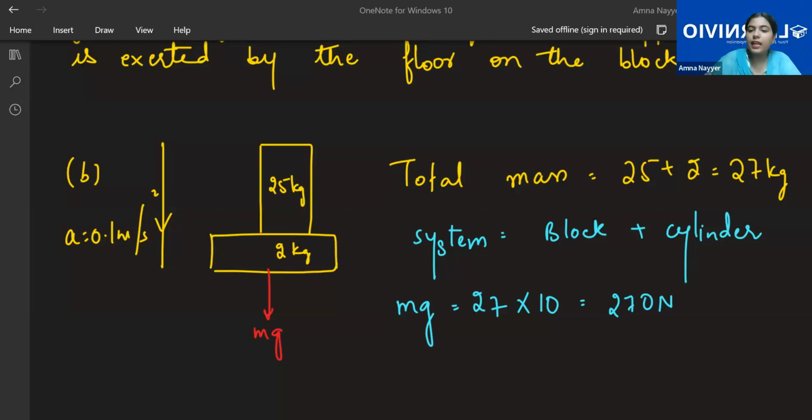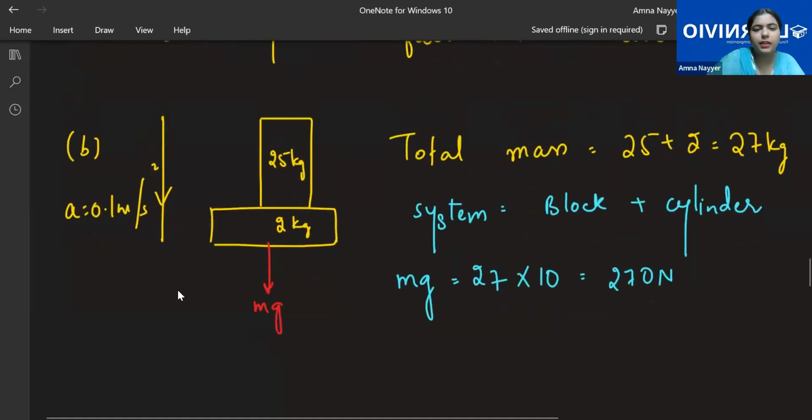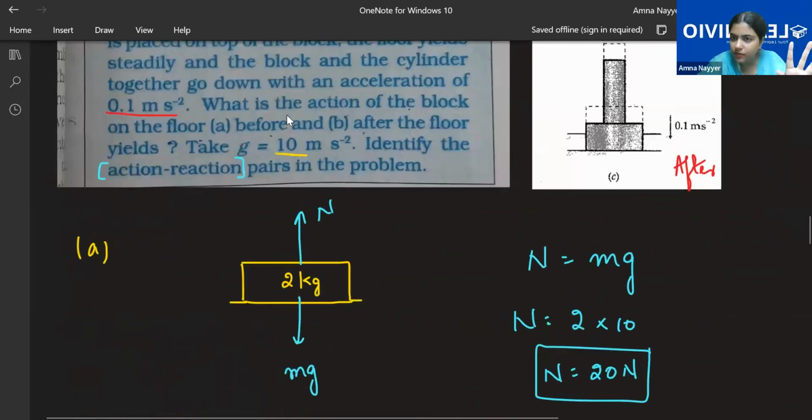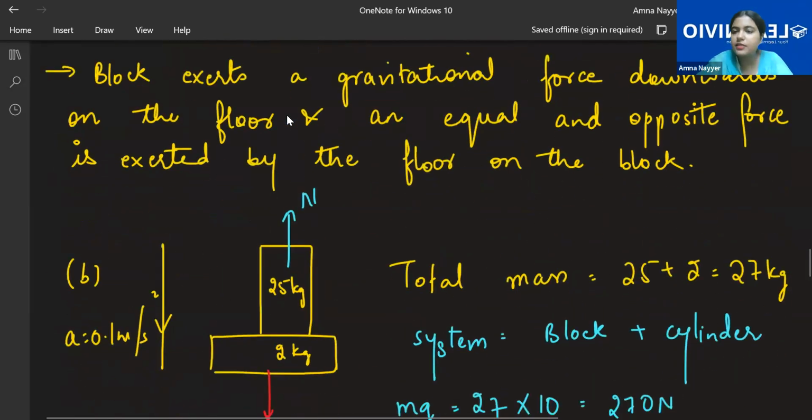Now what we'll have here, let's say some normal reaction is acting here. This N is for the first part, and this normal reaction is for the second part.